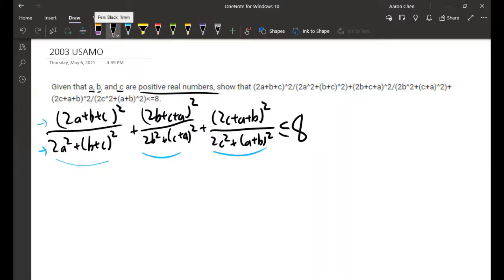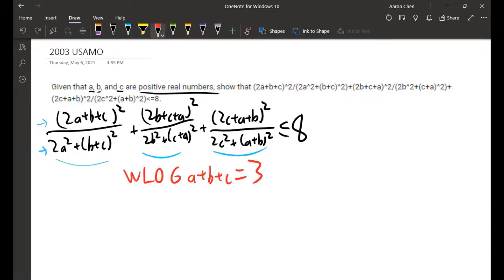Because the inequality is homogeneous, we can set an additional constraint. This is called normalization. Without loss of generality, you can just set A plus B plus C to equal something like 3.